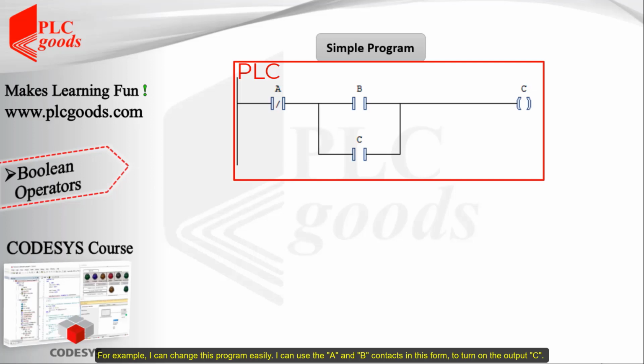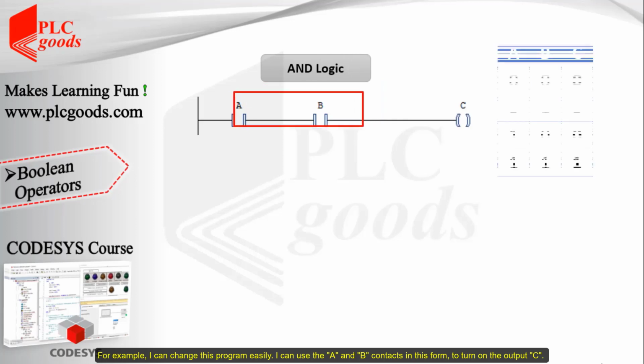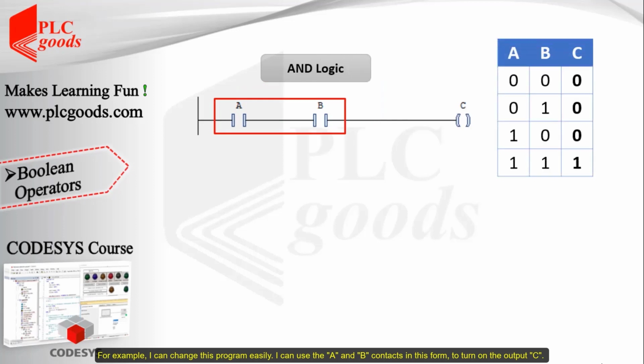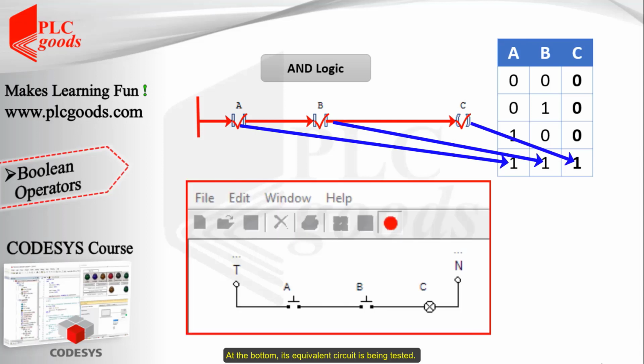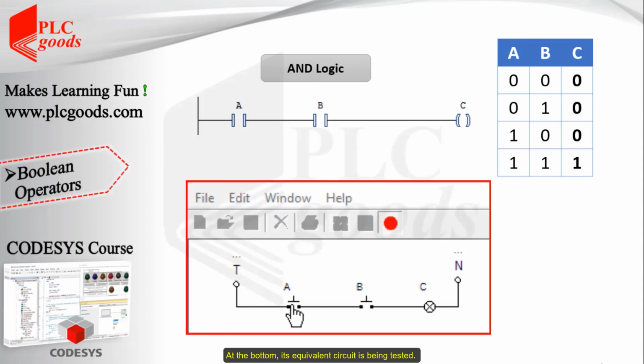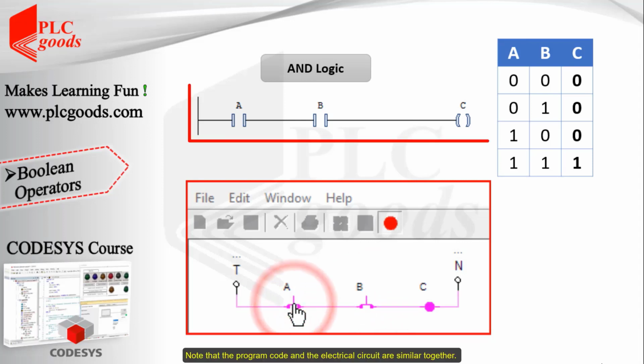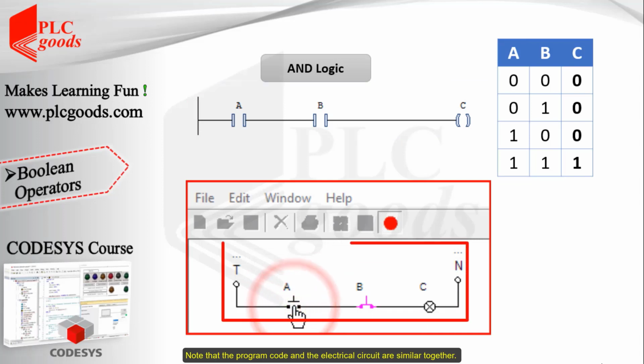I can use the A and B contacts in this form to turn on the output C. This program is known as the AND logic because the output turns on if and only if both contacts A and B are activated. At the bottom, its equivalent circuit is being tested. Note that the program code and the electrical circuit are similar to each other.